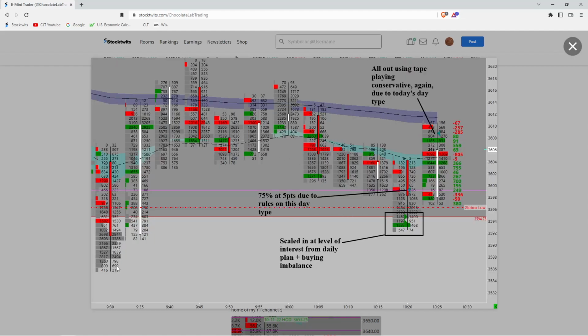So even though we have a choppy day because of FOMC minutes, the market is waiting for this news to come out to see how the Fed is looking at the current economic situation. That doesn't mean this is untradeable.